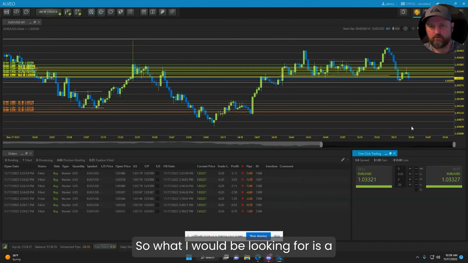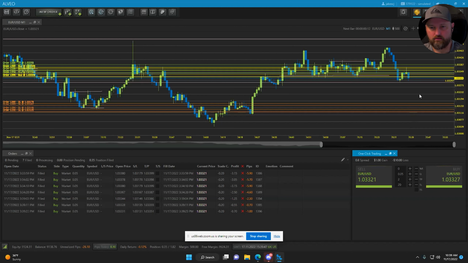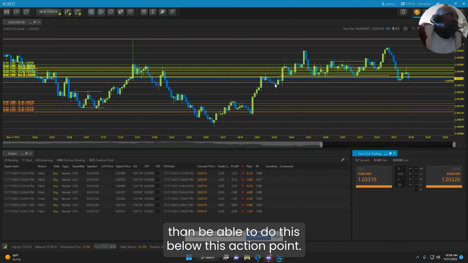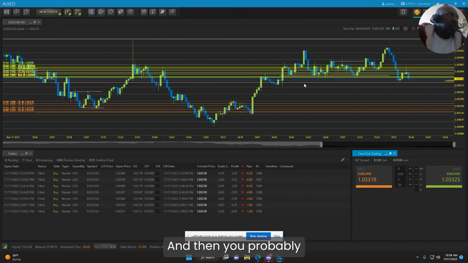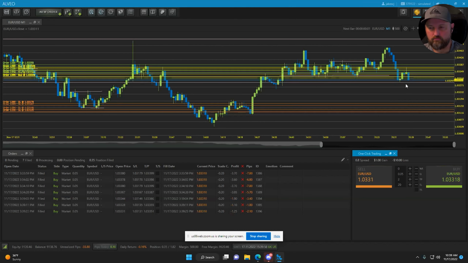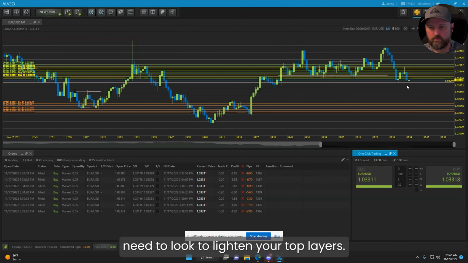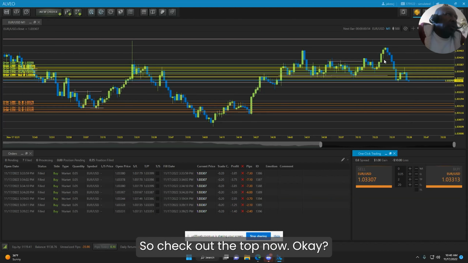So what I would be looking for is if it breaks lower than this, below this action point, then you probably need to look to lighten your top layers. So take off the top layer.